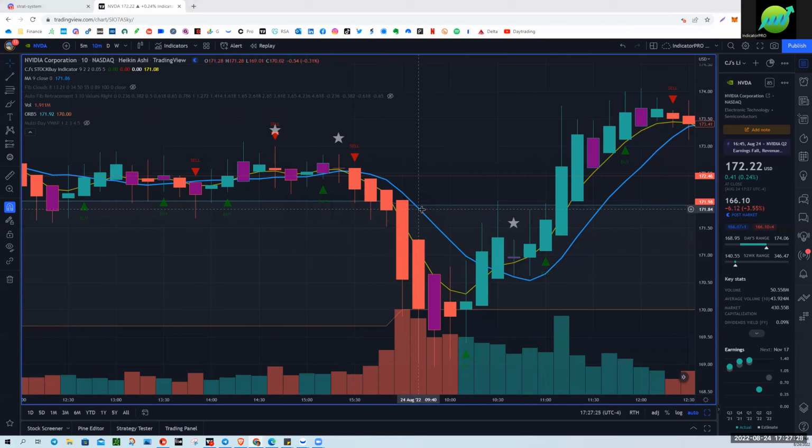What the ORB does, and this is a recent addition to TradingView, is it creates kind of like a mini range in which buyers and sellers are basically fighting. This is their fighting grounds, so to speak. And as long as they are within it, there's no clear direction as to whether it's going to go down or go up.